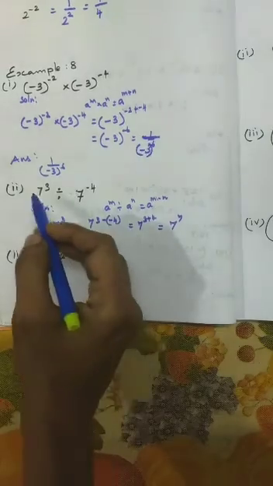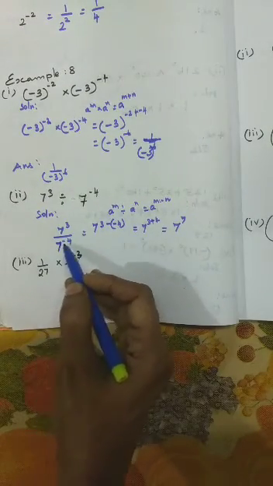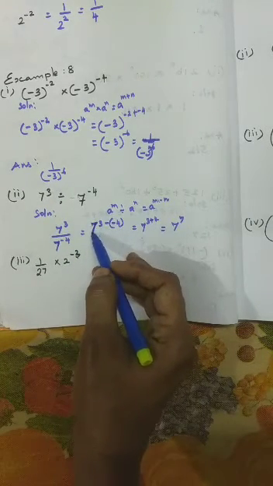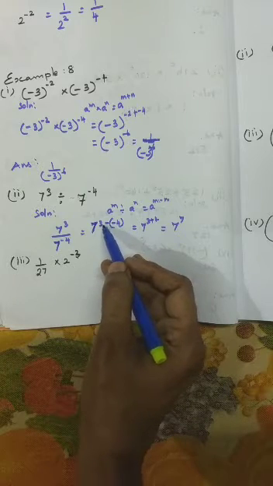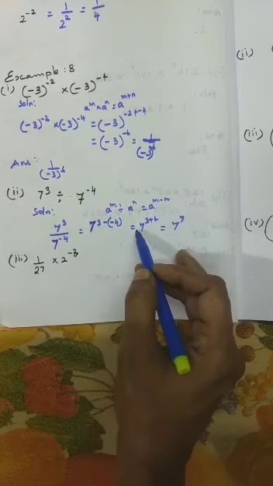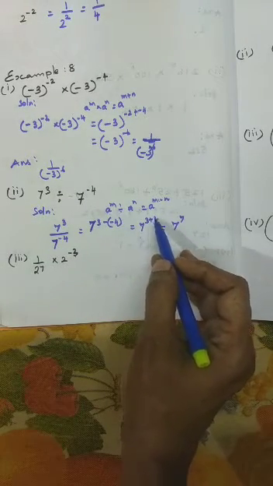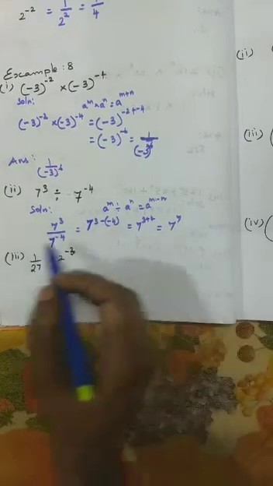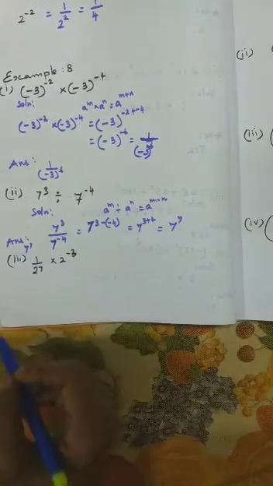Now 7 cube by 7 power minus 4 is equal to 7 power 3 minus minus 4. Here minus into minus is plus, isn't it? So it's equal to 7 power 3 plus 4 is equal to 7 power 7. Okay. The answer is 7 power 7.